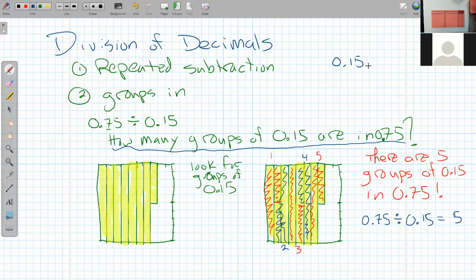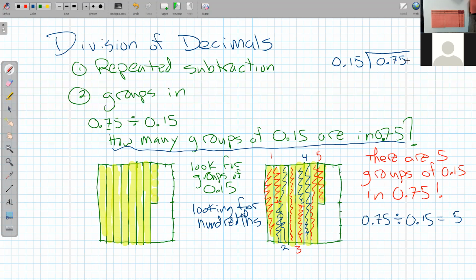So 15 hundredths goes into 75 hundredths. When I was doing this, I was looking for hundredths as individual objects. I found 15 hundredths there, and then another 15 hundredths there. I was counting 10 and 5 is 15.